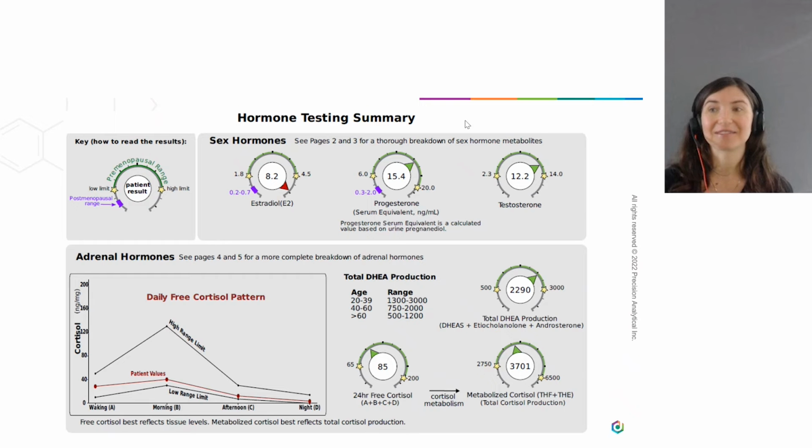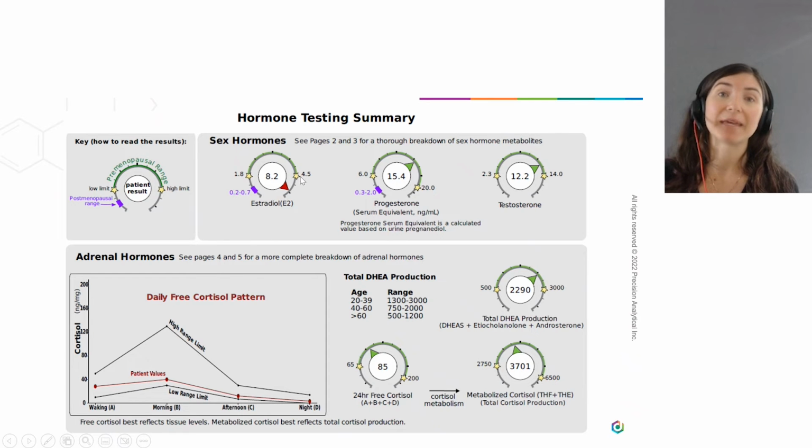But we can see here her estradiol is above range. It's in the red. So she's got some estrogen excess. And on page 1, you can also see the key on how to read the results. So remember the little purple band down here, that's the postmenopausal range. And in between the two stars is the luteal range.